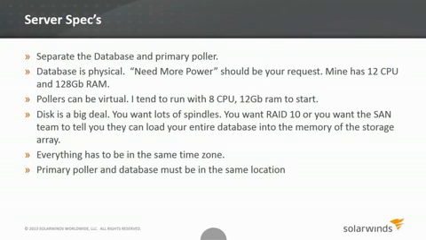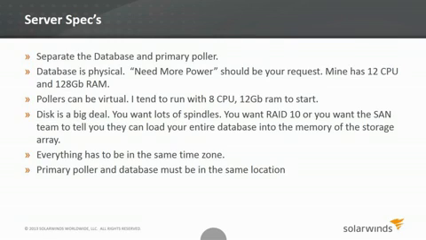Everything has to be in the same time zone, even if it's not. This is a pet peeve of mine, and I'm sort of poking Rob here as I talk about it. If some of your servers or polling engines are set to Central Time and some are set to Eastern Time, you're going to look at one server and it's going to say the event happened at 11 o'clock, and another server is going to say the event happened at 10 o'clock.